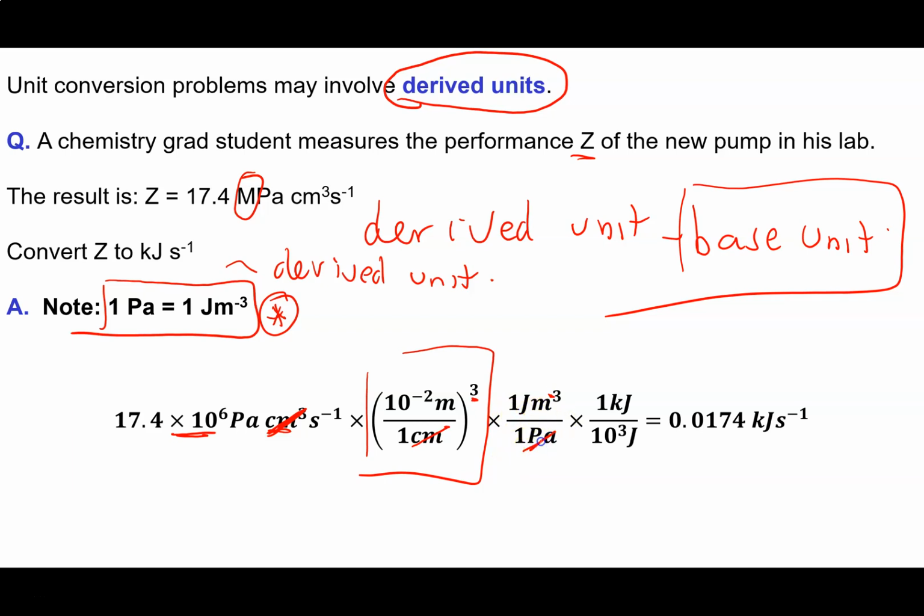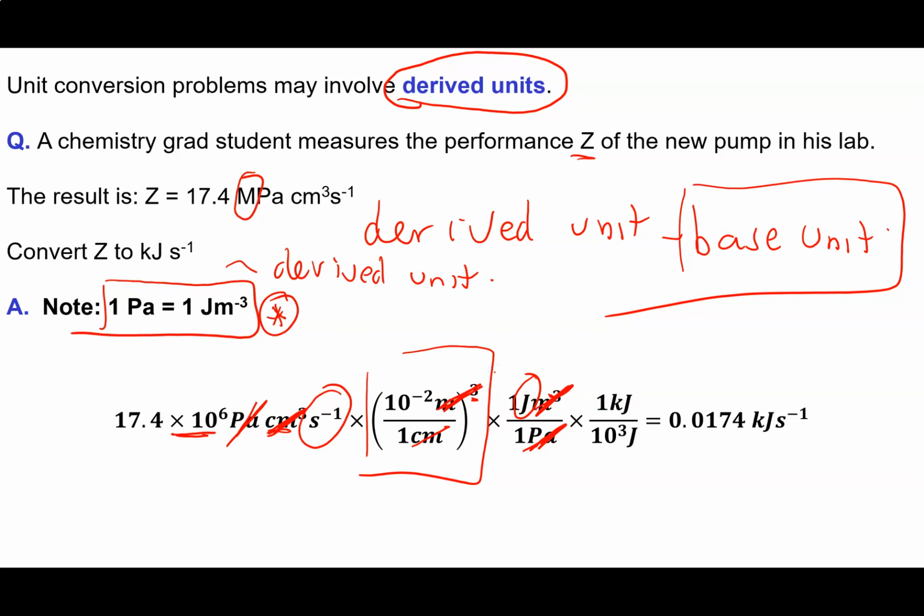And what that's going to do is eliminate my pascals and leave me with joules per meter cubed. So we're getting in business now. The cool thing is that meters cubed and meters to the -3 are going to cancel each other out. So that just leaves me with joules. So I would have at this point joules and seconds to the -1.